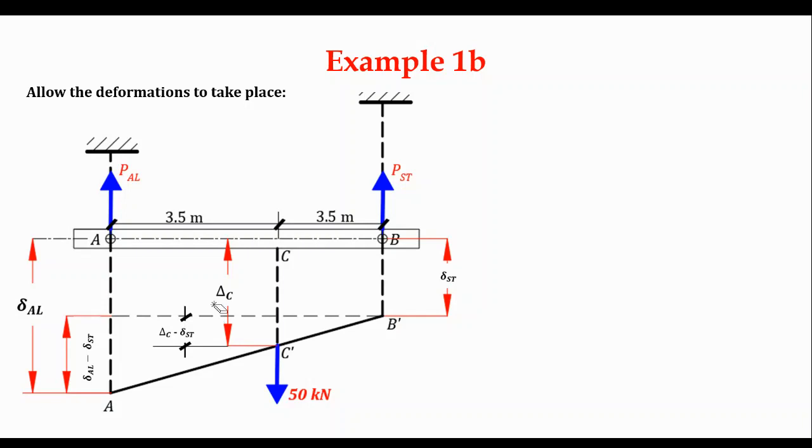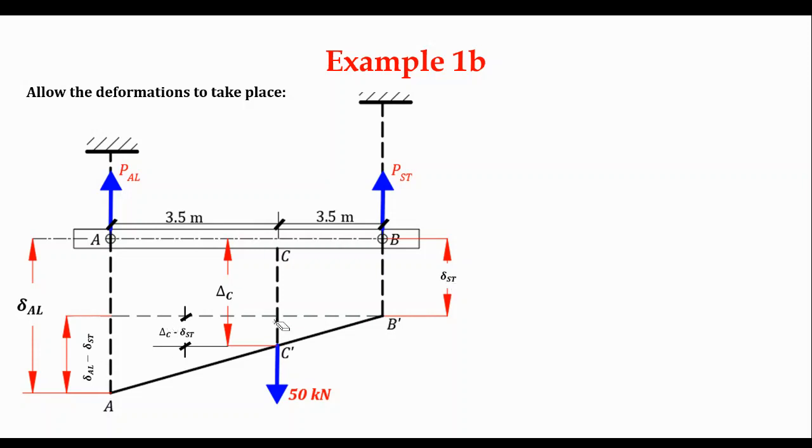Okay, so in short, we have to look for a triangle that we can use to relate delta C to delta L and delta ST. As you can see, this part from A to here is the deformation of aluminum, and this length is the deformation of aluminum minus the deformation of steel.